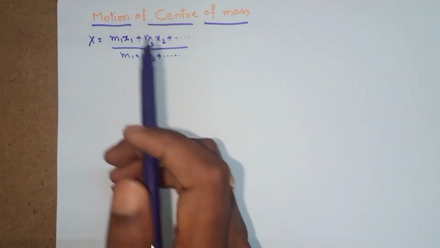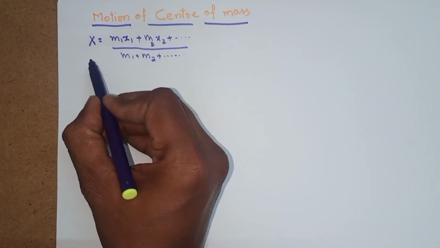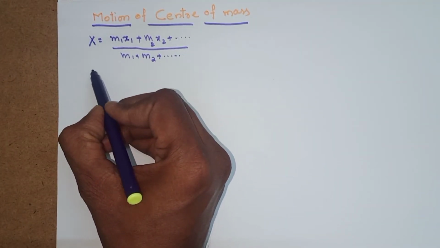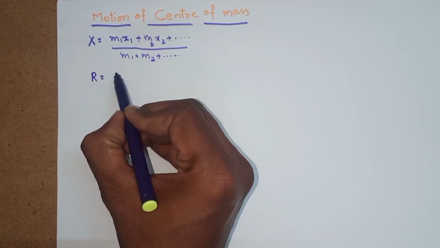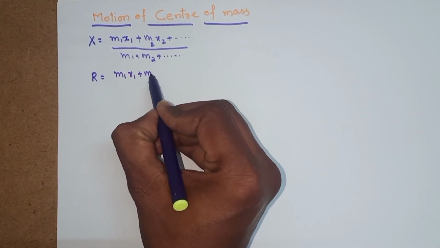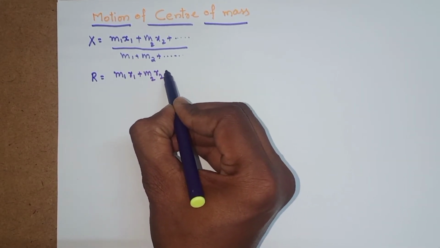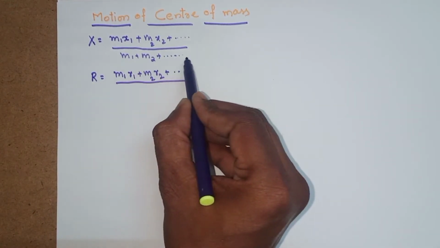Now this is the x coordinate of the center of mass. In general we can write a y coordinate and a z coordinate. In general we will write it as capital R equals m1 r1 plus m2 r2 plus so on, divided by the total m1 plus m2.